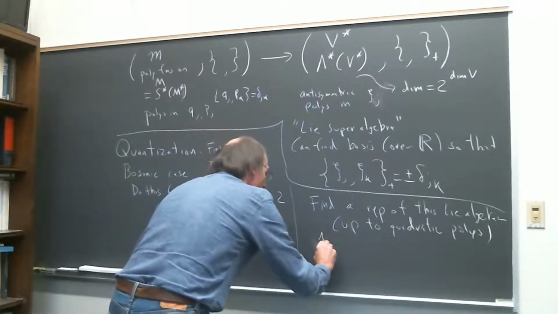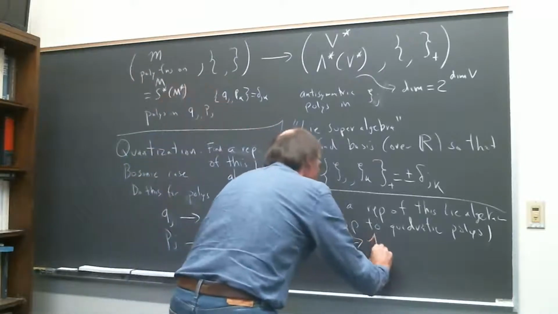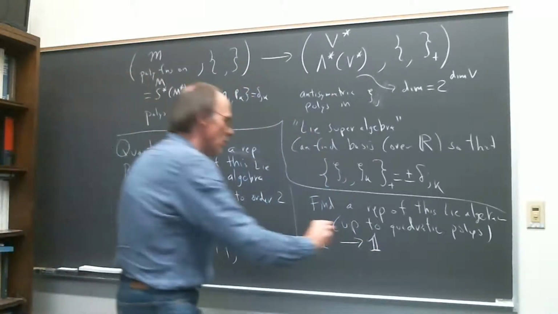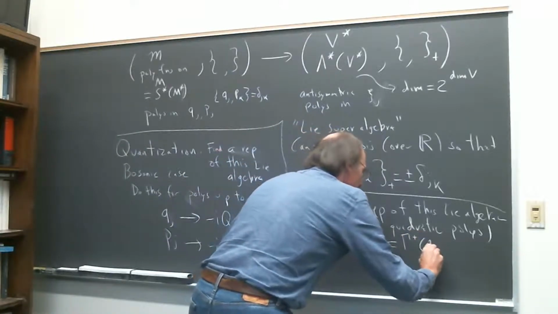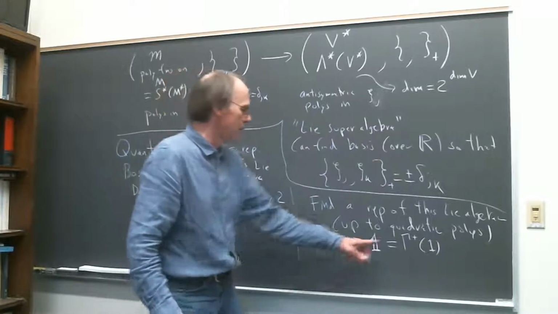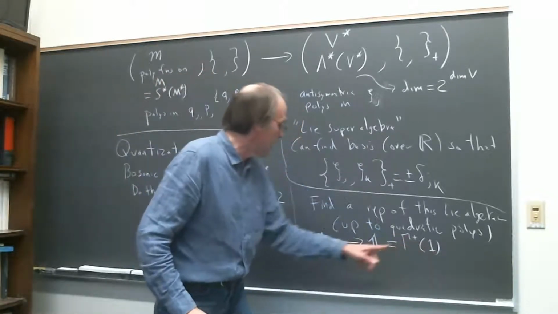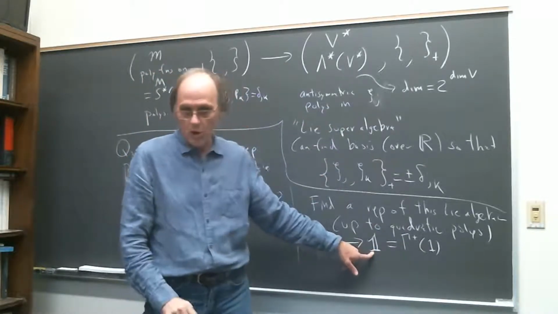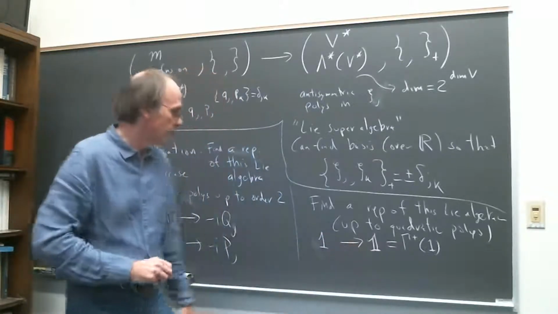So we want to send the identity, one, and sometimes I'll call it gamma plus of one. It's just the representation that takes one as an element of this Lie superalgebra and gives you one as an element of the operators.